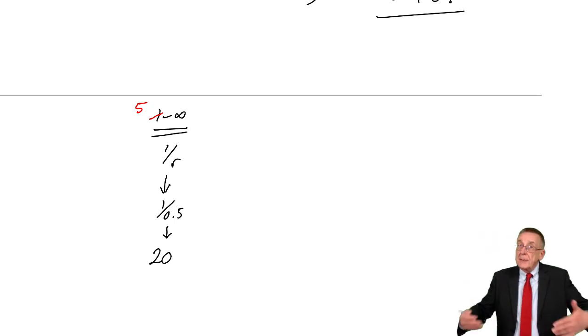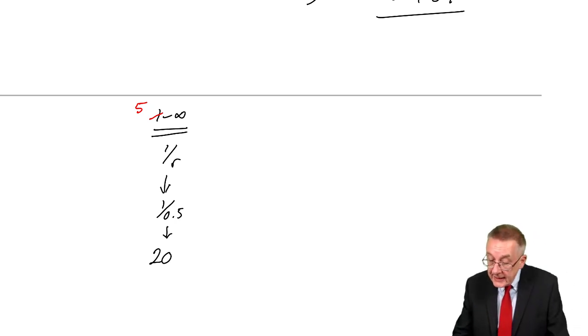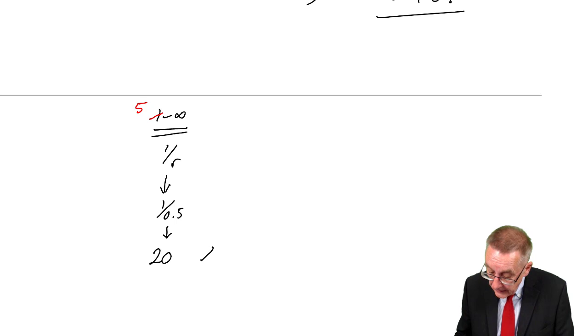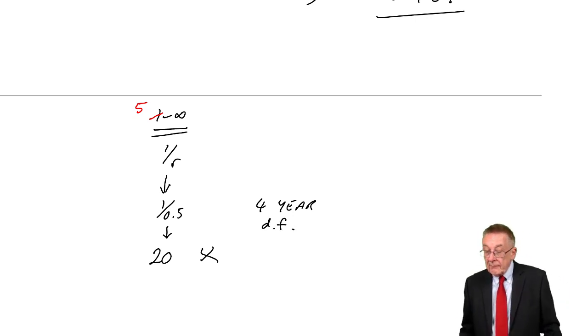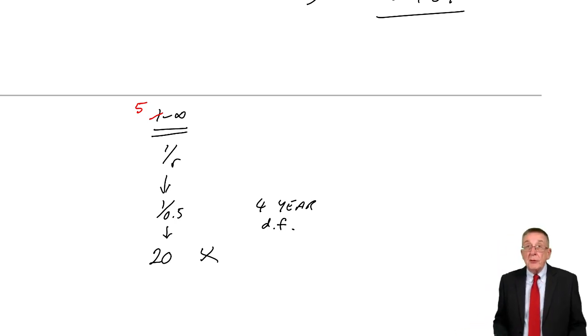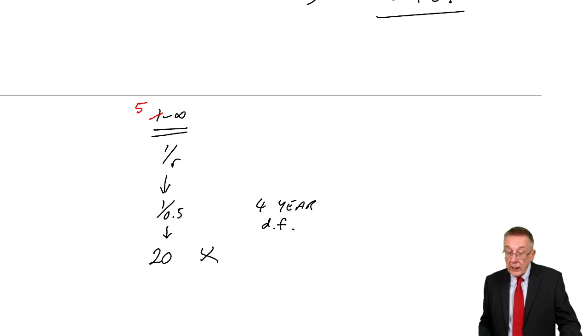And so to get to time 0, we then need to multiply by the ordinary 4-year present value, 4-year discount factor, to get back those extra 4 years because it started 4 years late, time 5 instead of time 1.